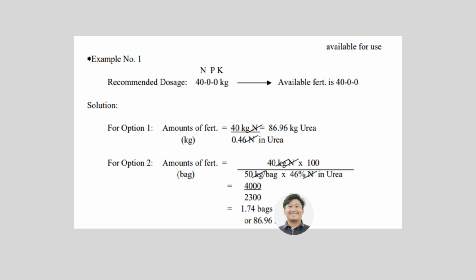This is in decimal, this is in whole number. So 50 times 46 is equal to 2,300. So we'll just divide, and we'll have 1.74 bags of urea, or 86.96 kilograms of urea.